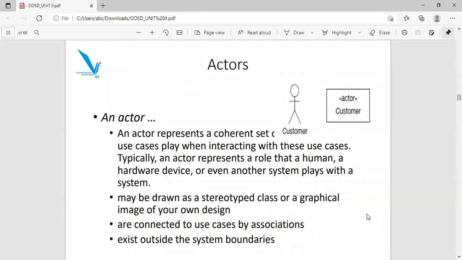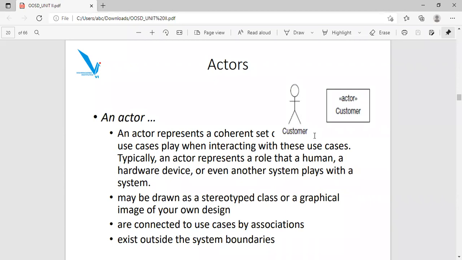Typically an actor represents the role that a human plays, and a hardware device or even another system that interacts with that system also comes under the form of an actor. It may be drawn as a stereotyped class or as a graphical image of your own design. You can represent it either this way or that way, but mostly we represent the actor by this particular symbol.